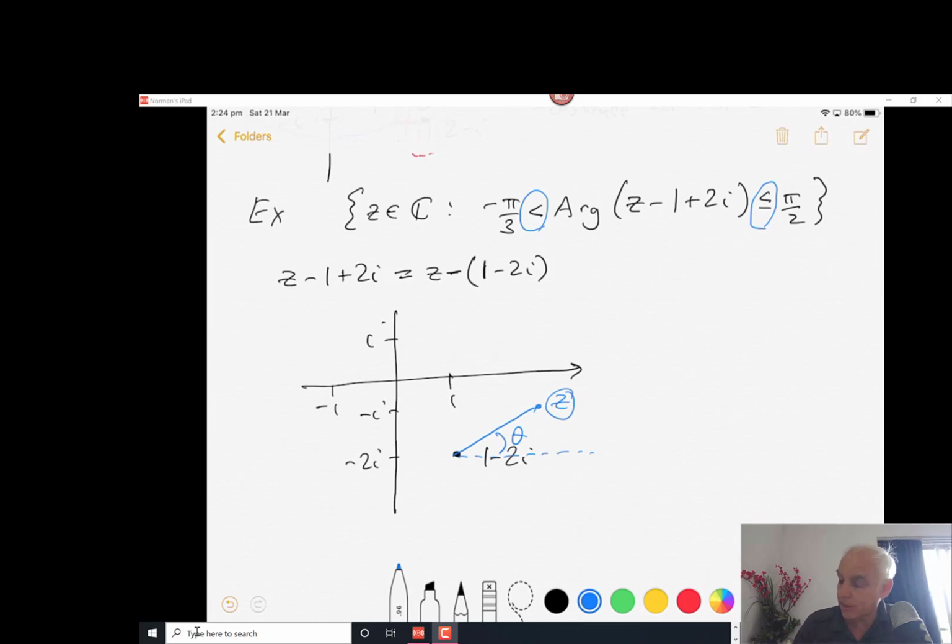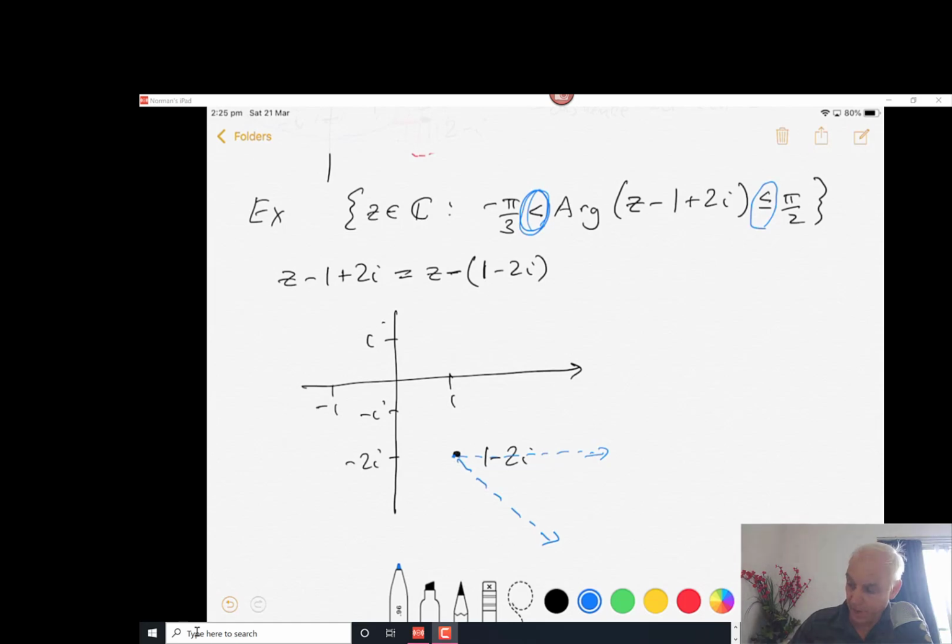Okay, so maybe I'll get rid of this one because you don't really need it, and let's draw the region. Okay, so minus pi by 3. From here, this is the angle of 0 in this direction. Minus pi by 3, that's like 60 degrees, but in the negative direction. And I'm going to dot it because there's a strict inequality there.